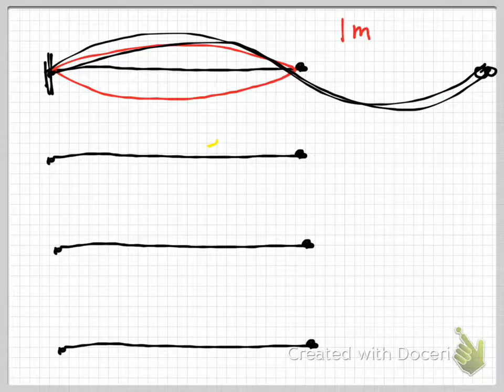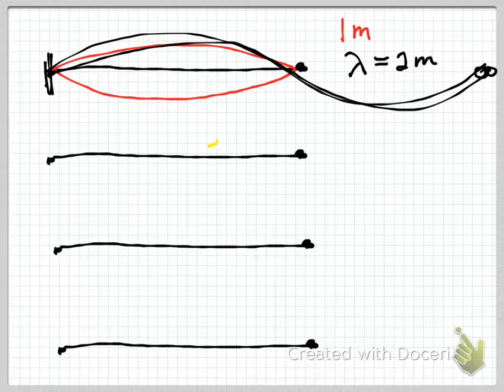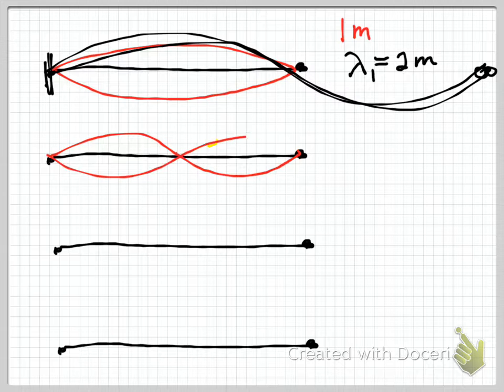So for that string, the wavelength of the very first harmonic, the wavelength being what symbol? Lambda. Lambda is 2 meters. Yeah, upside down Y, which is broom, whatever you want to call it. So lambda of the fundamental, lambda 1, is 2 meters. Well, I could also get a standing wave going that looks like that.